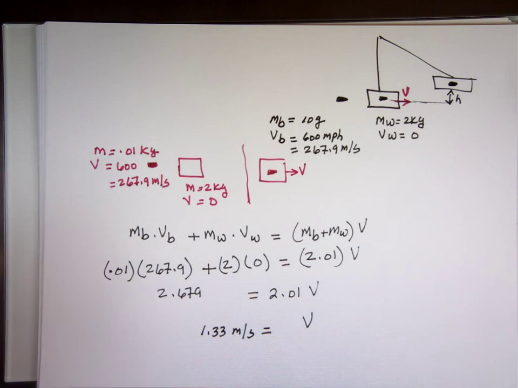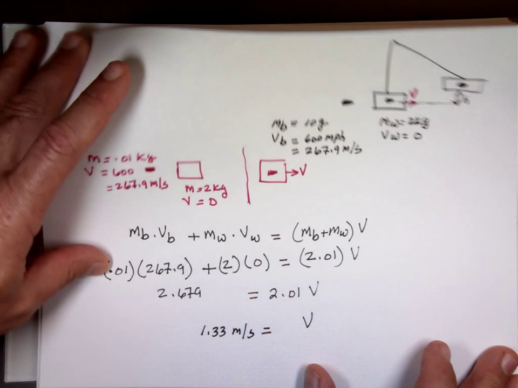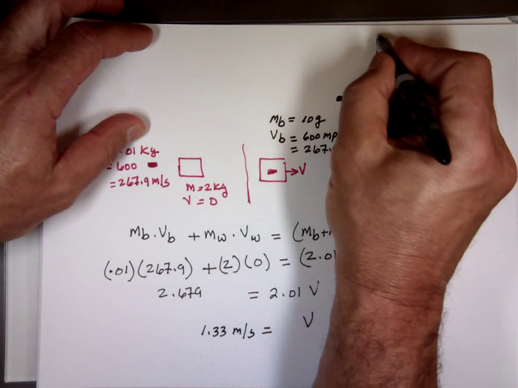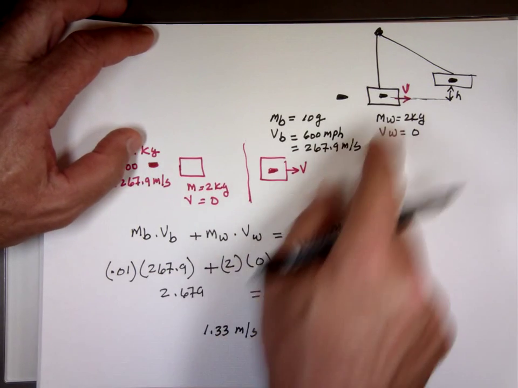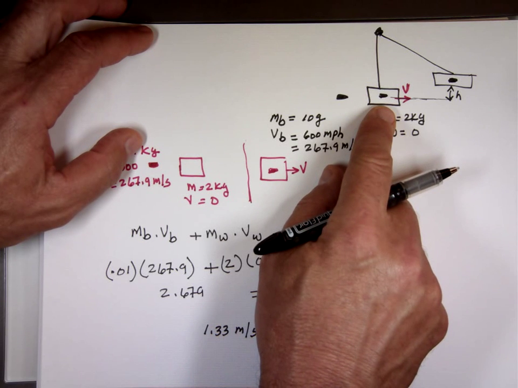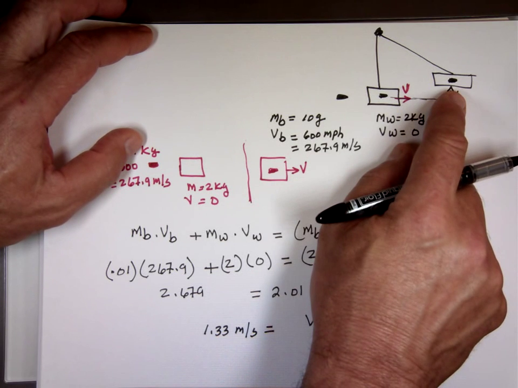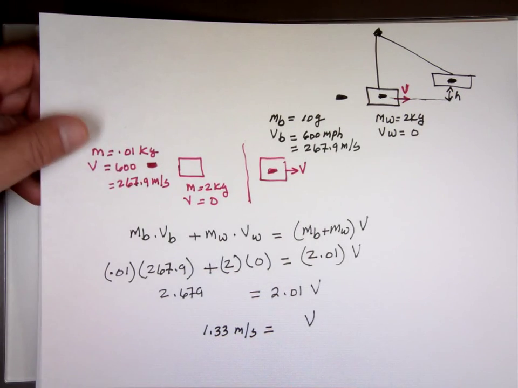If we assume there's no friction at the top, where this is attached, we can use conservation of energy. If we neglect the wind, the potential and kinetic energy here equals the potential and kinetic energy right there. So the second part is right there.